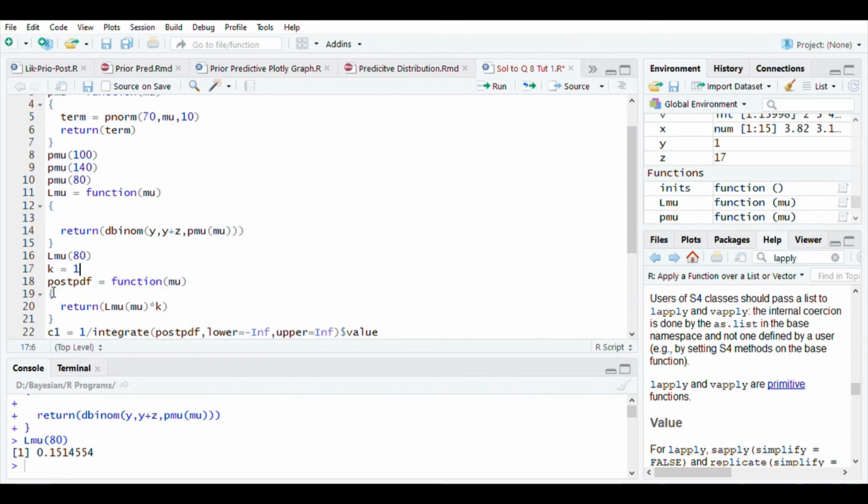So let us write a user defined function, which is a function of mu, and the function considers multiplication of the two terms, the likelihood function and the prior PDF. So let us run this.